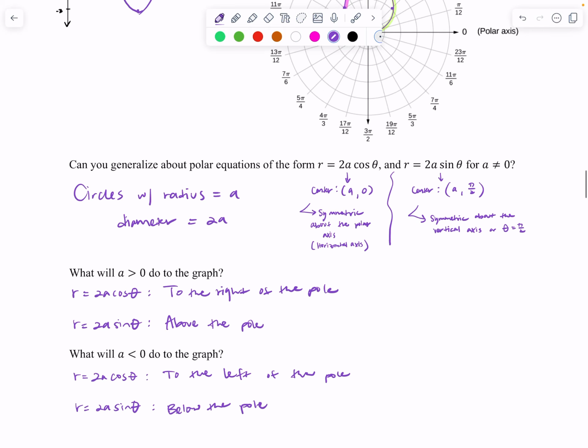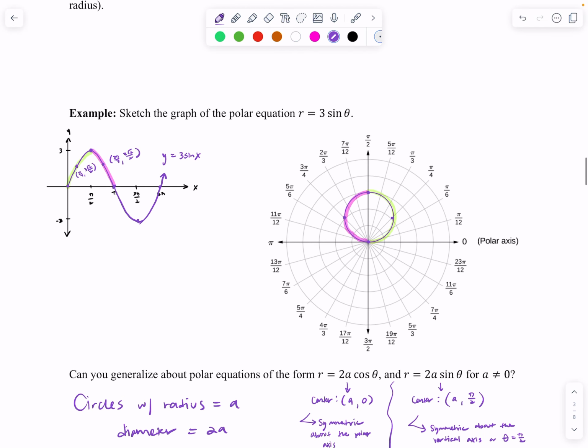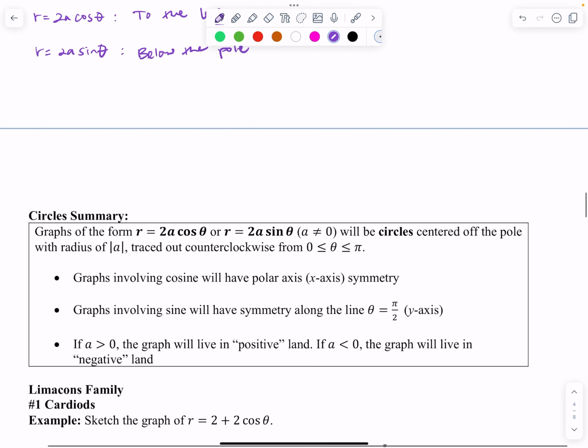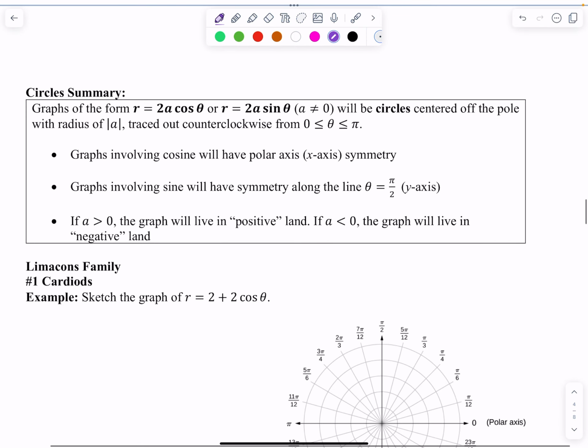Okay, so you should get to the point where you recognize that this equation represents a circle, and a circle that is either to the right of the pole, to the left of the pole, above the pole, below the pole. You should get to the point where you can recognize that. And there's a little summary of what we talked about for circles.